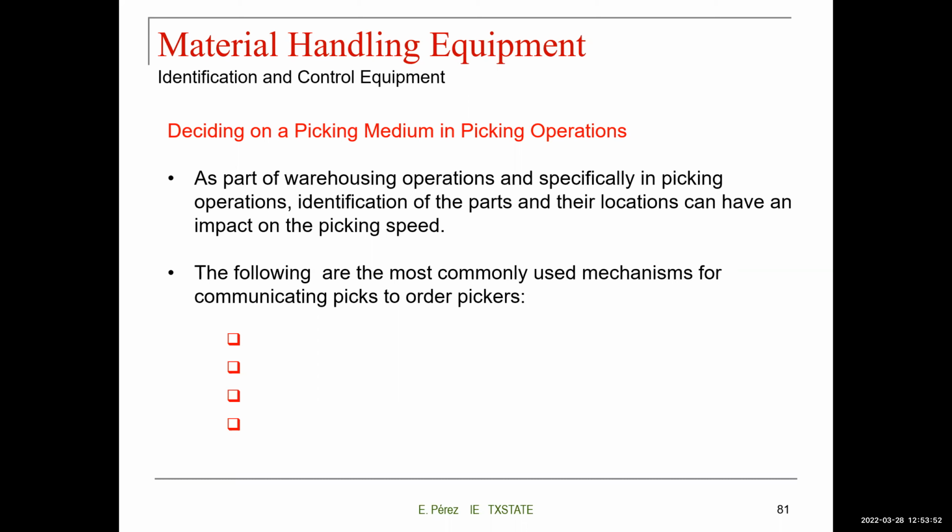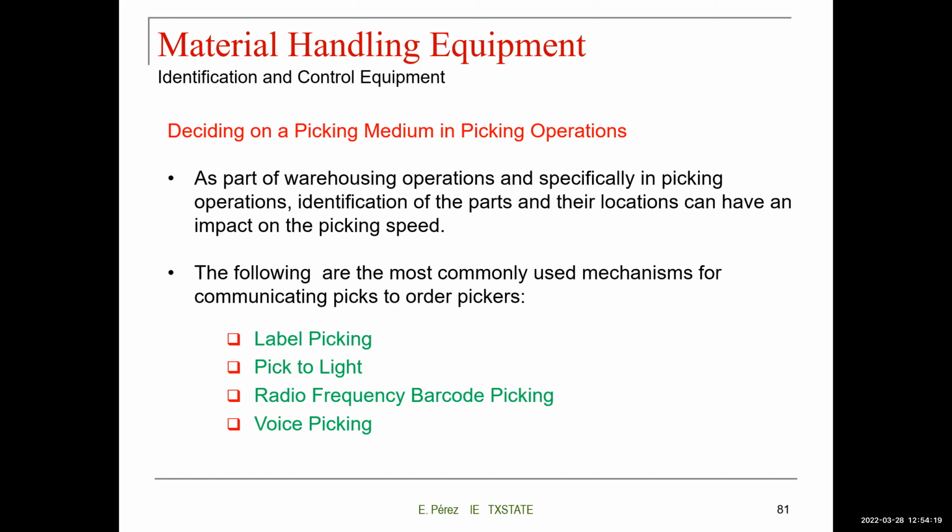So how fast can you get this order to me? If you want to provide that service to your customers, then speed is one of the items you have to shoot for. So there are different options. Again, picking speed is important for most businesses. The following are the most commonly used mechanisms for communicating picks to order pickers.